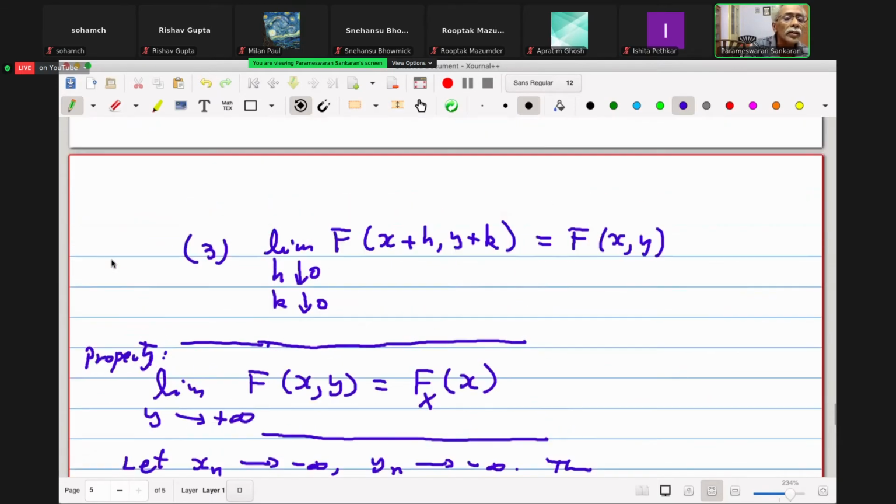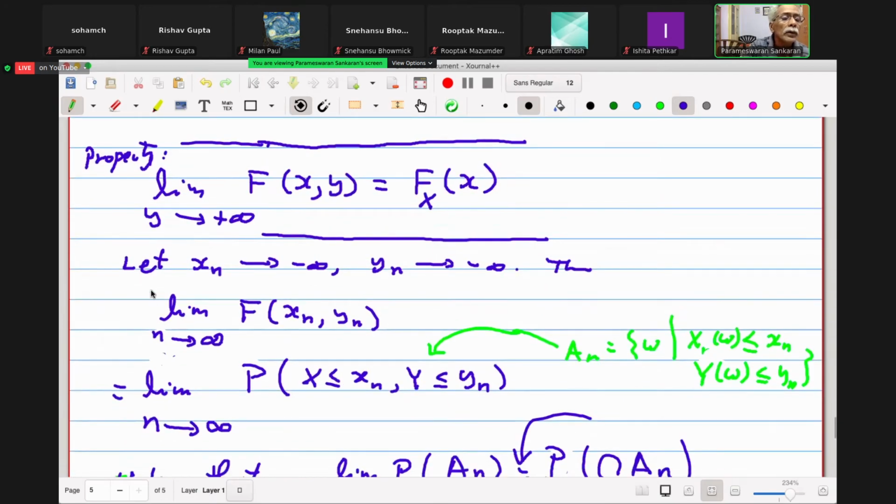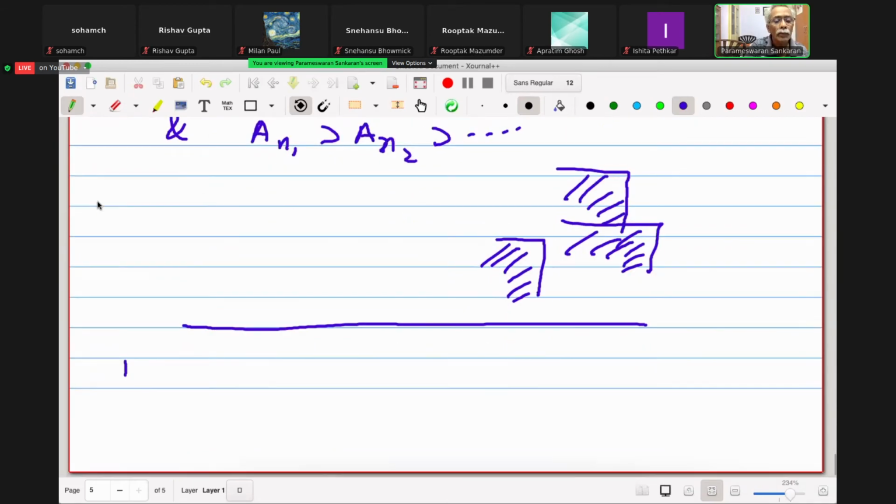I think maybe it's simpler to call it property 4. So for 4, or proof of 4, observe that.